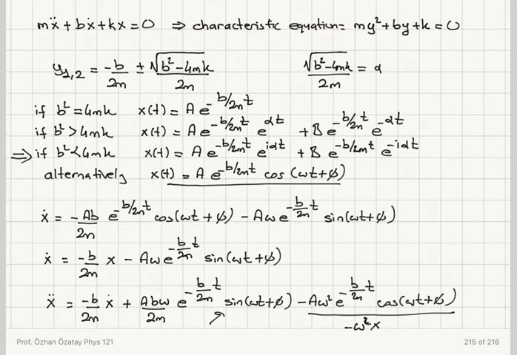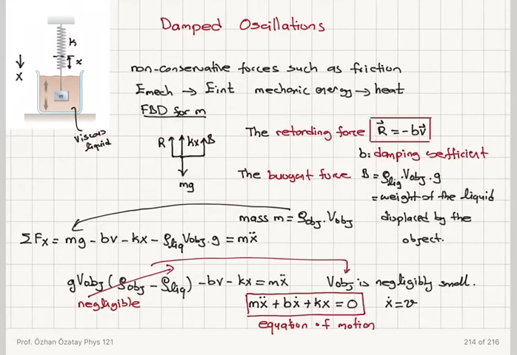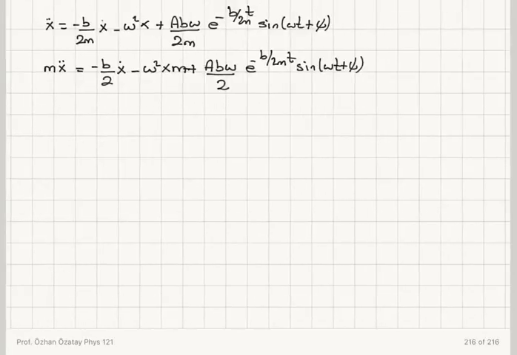And remember, m x double dot is supposed to be equal to minus b x dot minus k x, so that this solution satisfies this differential equation.